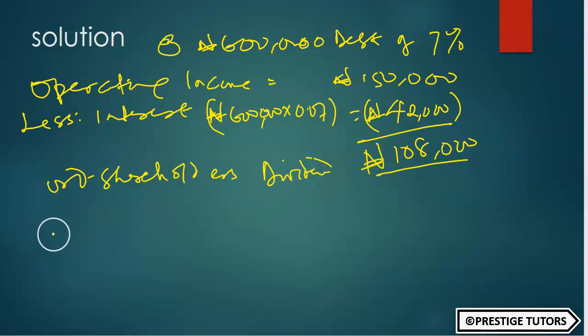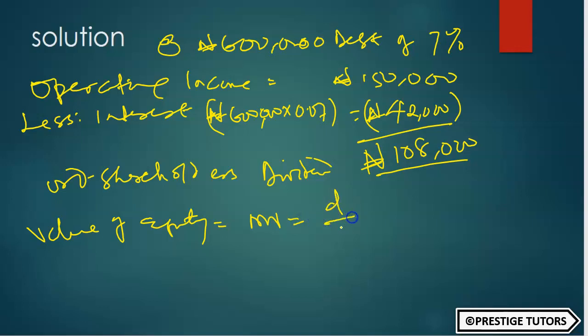Now let's look at the value of equity. The formula says market value equals dividend over cost of equity. In this case, what do we have as a cost of equity?